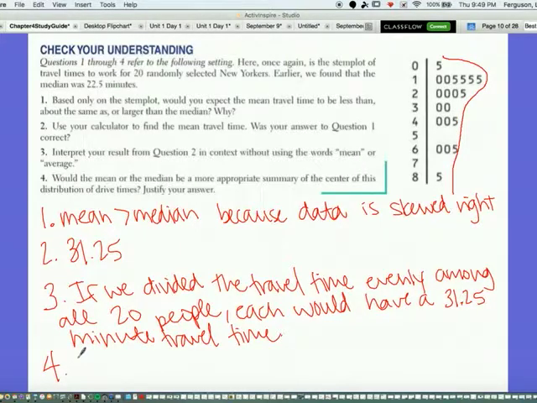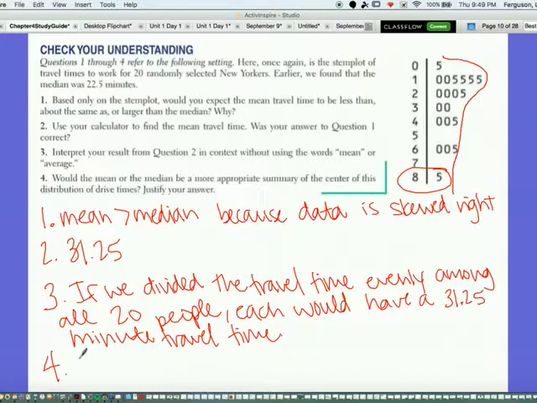Question 4 says, would the mean or the median be a more appropriate summary of the center of this distribution of drive times? Justify your answer. All right, so if we look at the data, what we see is that 85 is an outlier.